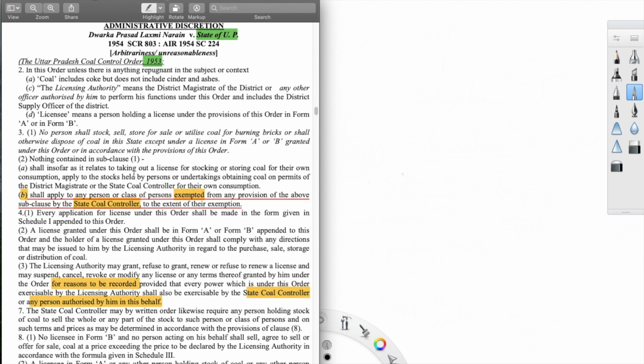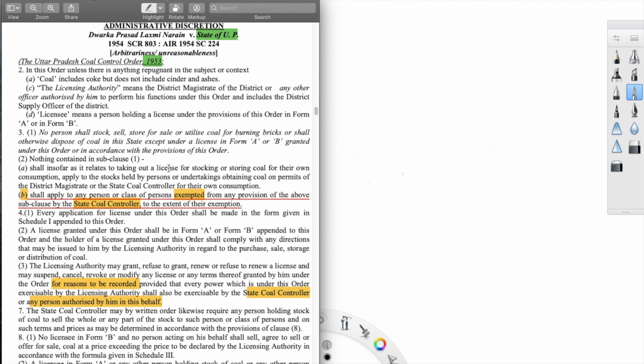Now, there are two main provisions which are important to be discussed in this case. The first is the object of the order. The object of the order is that no person shall stock, sell, or store for sale or utilize coal for burning bricks except under a license.